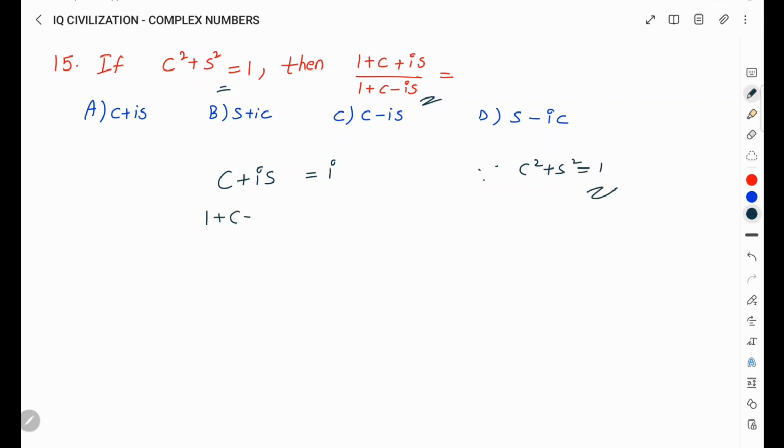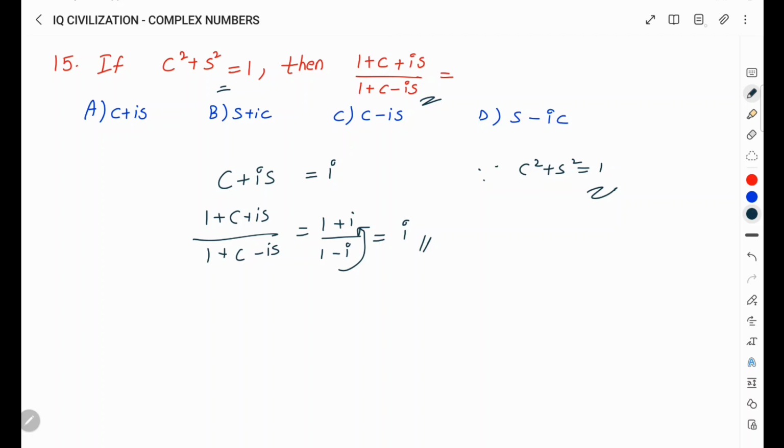So now (1 plus C plus iS) by (1 plus C minus iS) is equal to (1 plus i) by (1 minus i), that is equal to i. I have done the rationalization in the denominator and written directly, because after doing so many problems we should be in a position to find the answer in the shortest possible way. That's how the practice should be.